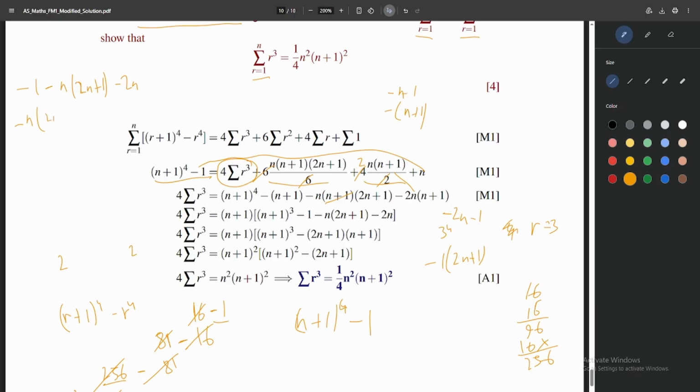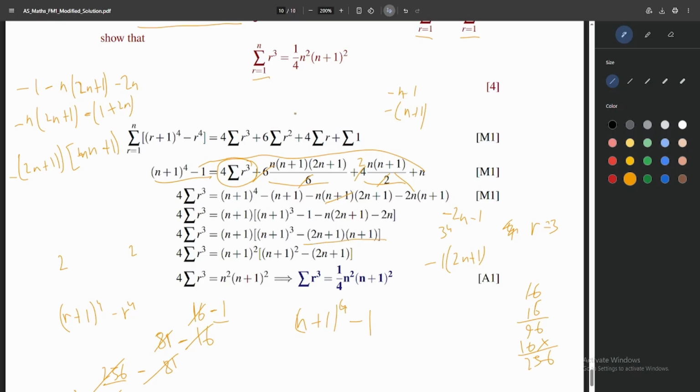So minus n (2n plus 1) minus, and these two added together become 1 plus 2n. Then we take 2n plus 1 common, and we have minus n and minus 1, and we take the minus 1 common, so this becomes positive. So that's what we have here.